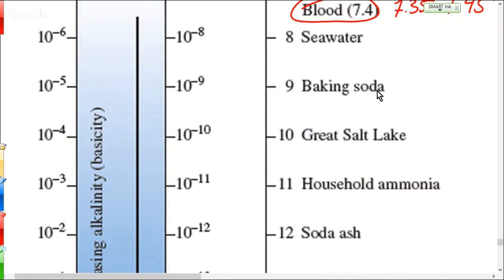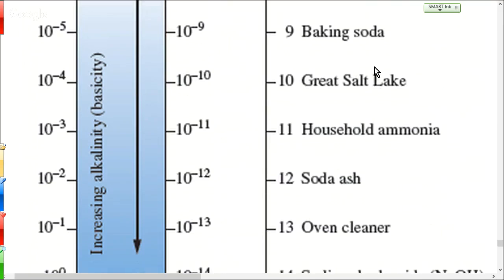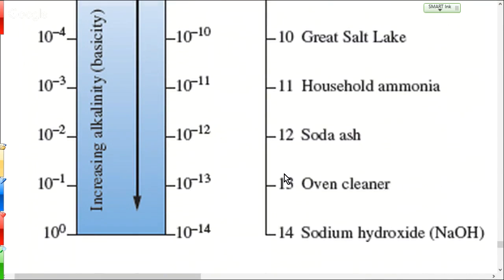So stuff like ammonia cleaner, oven cleaner, sodium hydroxide, which is really, really caustic. I don't think we've used that much sodium hydroxide, but it's just as caustic as any kind of strong acid. You don't want to get it on your hand. And it's used for cleaning also.